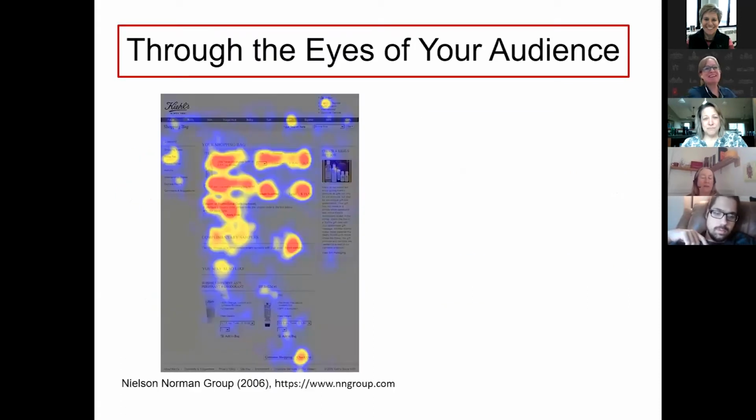Okay, I'd like to take a look at this. So this would be talking a little bit about text on a web page, so electronic reading. And this is a heat map summary from the Nielsen Norman Group from 2006. What they did was basically track people's eyeballs to see where they were focusing when they read on a web page.